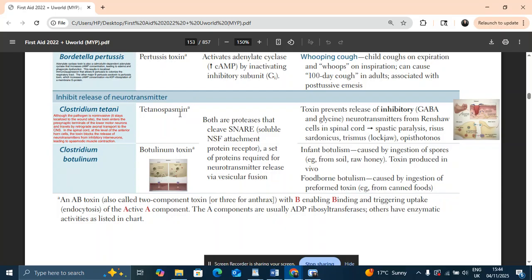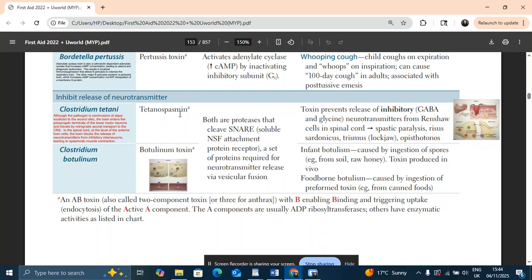In the spinal cord, at the level of anterior horn cells, the toxin blocks the release of inhibitory neurotransmitters and causes spasmodic muscle contraction. So the pathogen stays at the wound site, but the tetanospasmin toxin enters the presynaptic terminal, and through retrograde axonal transport it enters into the CNS.